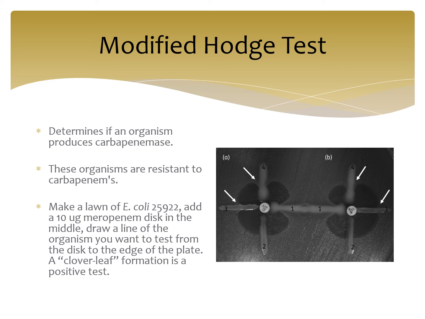Then what we do is we put a meropenem disc right in the center of our plate, and then we take a sterilized loop and we make 4 lines of our organism that we're actually testing. If you get a clover leaf pattern like you can see denoted by the 1 in the image, it means that our organism is resistant to the carbapenem drugs.